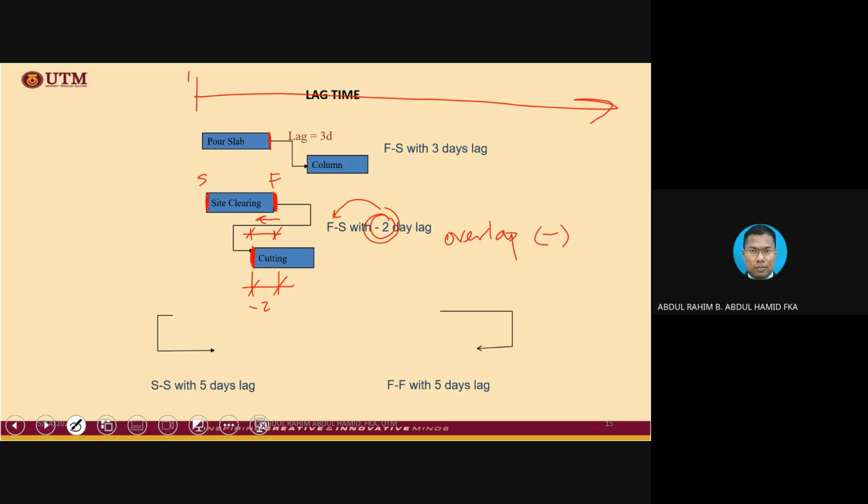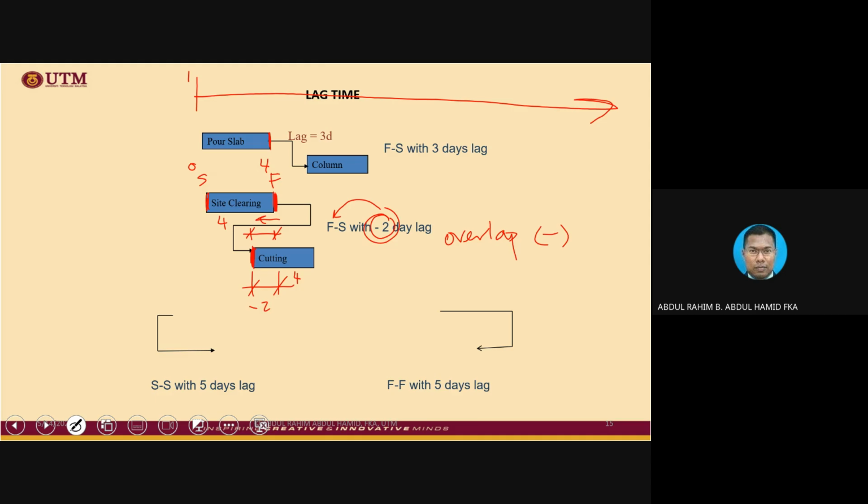And at the end of the day, if we use the same calculation method, let's say site clearing is 4 days, and then cutting is basically 4 days or so. So from the calculation, 0 plus 4 equivalent to 4.